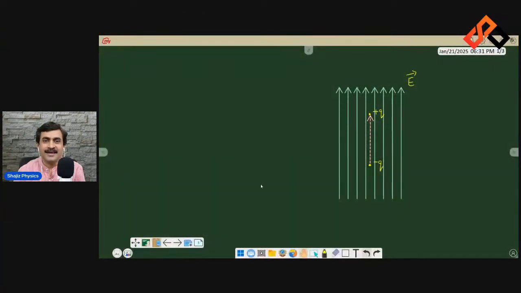The example I am taking here is that of electric dipole and magnetic dipole. Let me directly come to the presentation. Now, see, this is a uniform electric field. How can we identify that this is a uniform electric field?